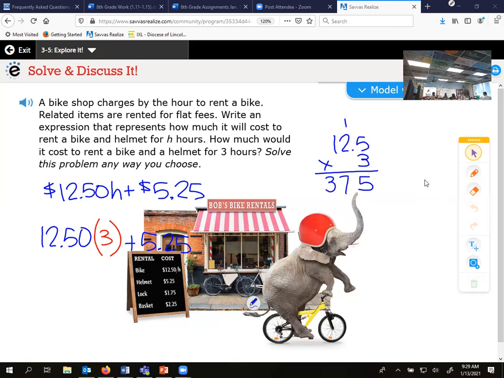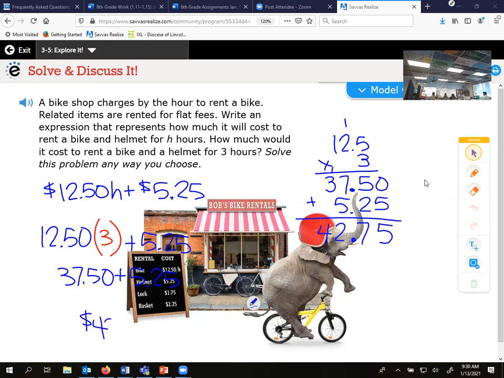Okay, and then I'm going to add the 0 because it's really $37.50 plus 5.25. 5 plus 2, 7, 7 plus 5, 1 plus 3. So it would cost $42.75 to rent the bike for 3 hours.